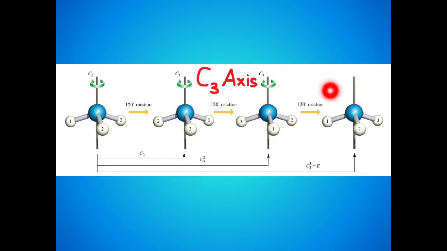After 3 rotations of 120 degrees, this fourth structure is exactly the same as the first one. That is, you can see the position of hydrogens 1, 2 and 3 is the same in both molecules. This fourth structure is called indistinguishable from the first one.